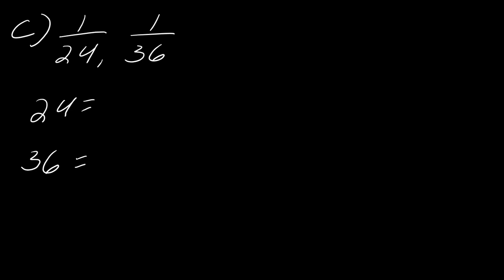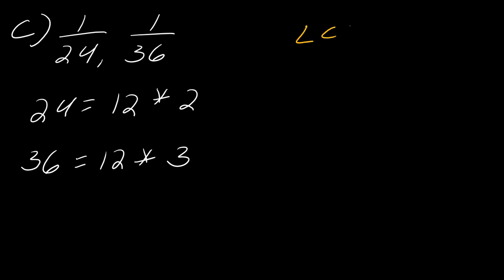Okay, the largest number that divides into 24 and 36. I actually like this because there are several numbers that may have come to mind. The largest possible number for each is actually 12. If you didn't choose 12, just hold that thought and we'll talk about it in a second, okay? So 24 is 12 times 2 and 36 is 12 times 3.